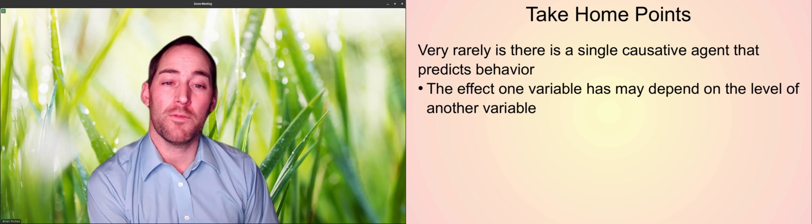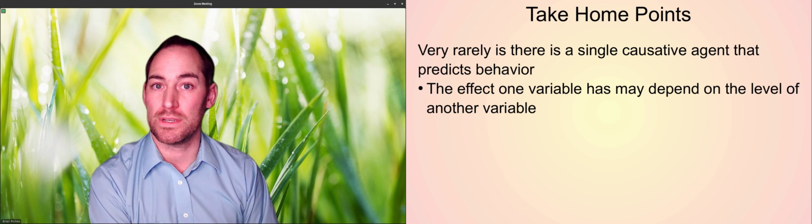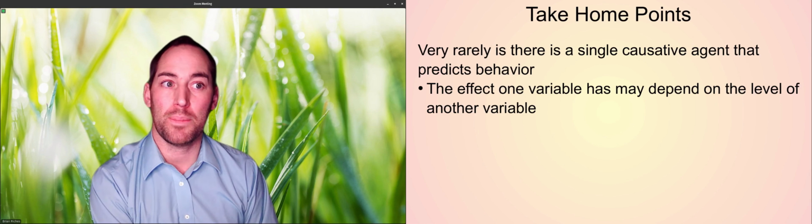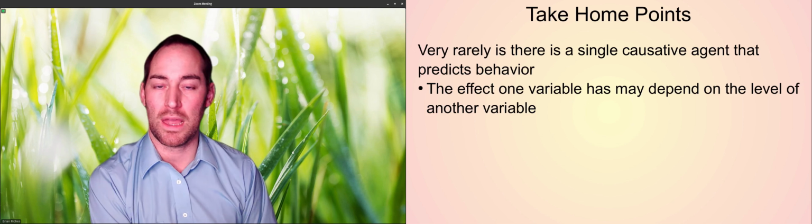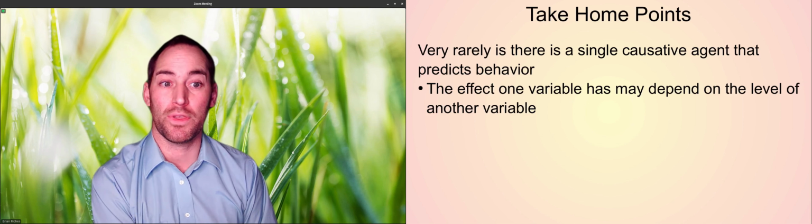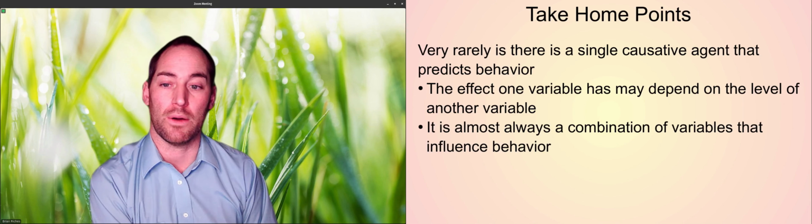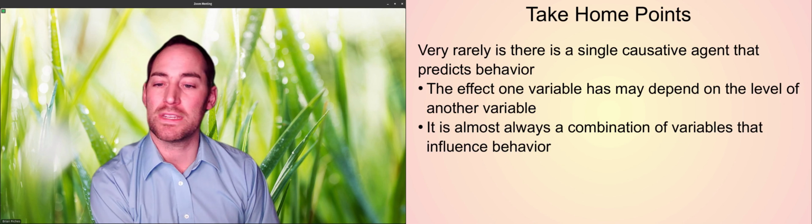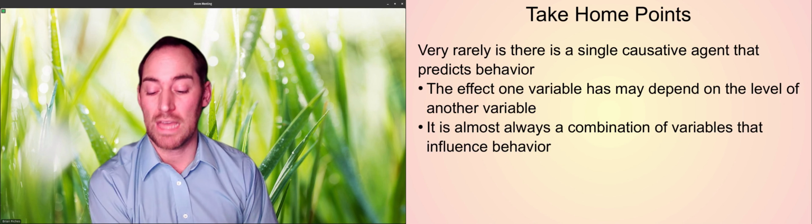So the effect one variable has on any others might depend on the other variables. So your happiness and purpose in life might impact your career seeking behavior. And it has to be both of those working and depending on one another for the eventual outcome. So it's almost always some combination of variables that influence behavior.